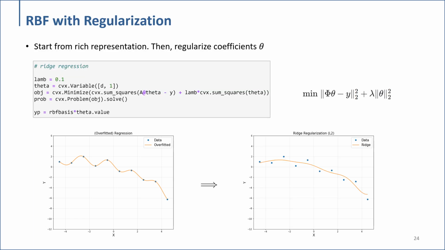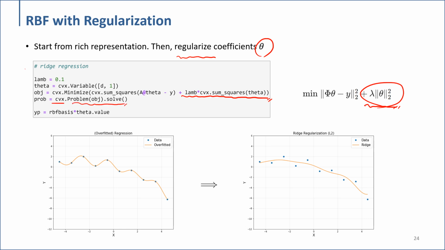Here we set up exactly the same problem, but we introduce an additional term for penalizing the magnitude of the theta value, which is just regularizing the coefficients of theta. The rest is exactly the same, but here we implemented one additional term, which is minimizing the sum of squares of theta.